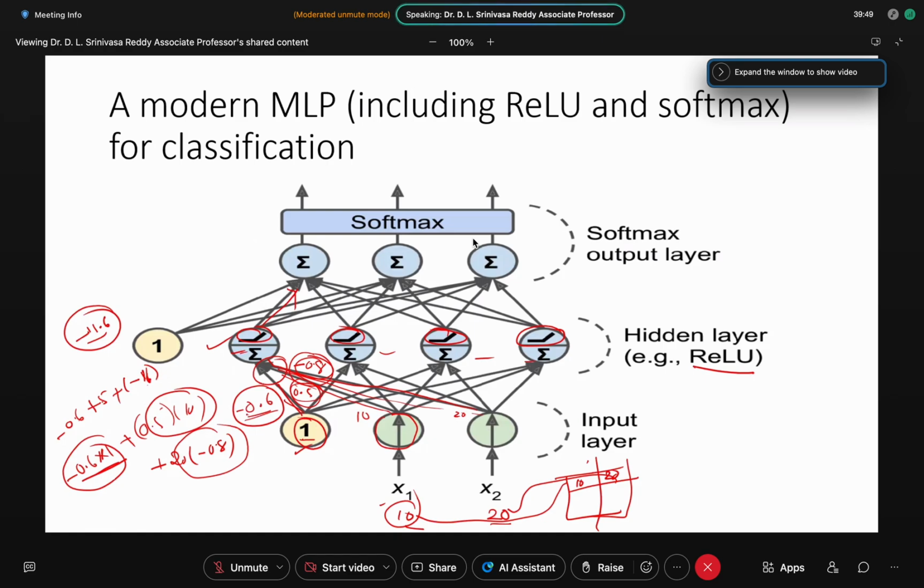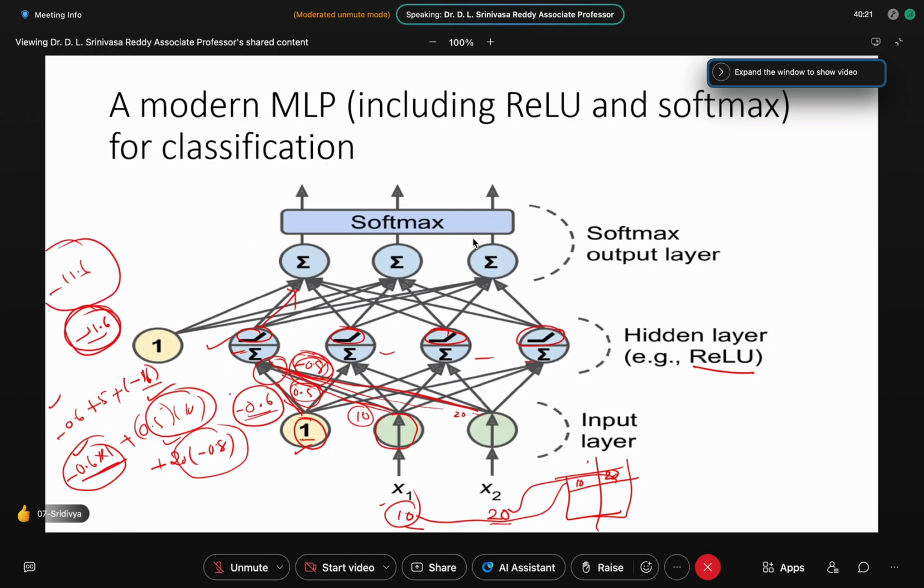So 1 into minus 0.6, 10 into 0.5 is 5, and 20 into minus 0.8 is minus 16. The total value you got here is minus 11.6.